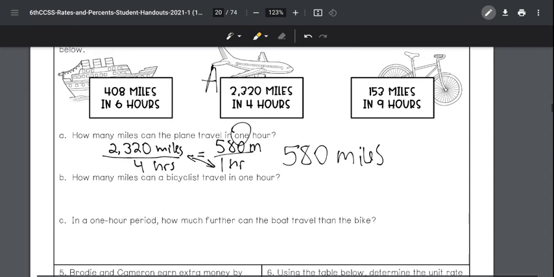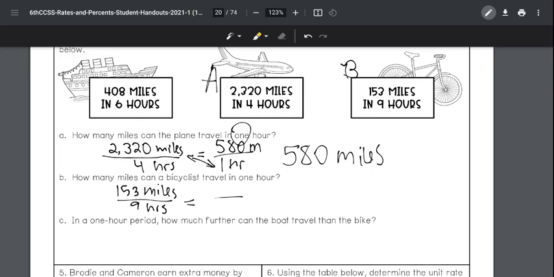B, how many miles can a bicyclist travel in 1 hour? All right, so Part B. We know that the bicyclist, that's a tough word to say, can travel 153 miles in 9 hours. So there's our rate. Now we want to find our unit rate. So in 1 hour, how far can that person go?